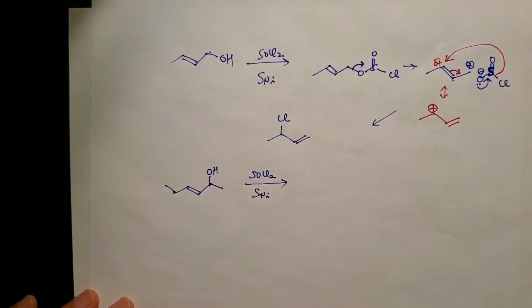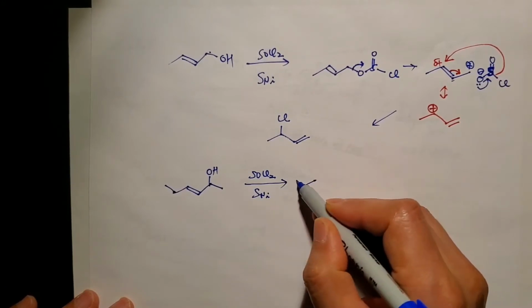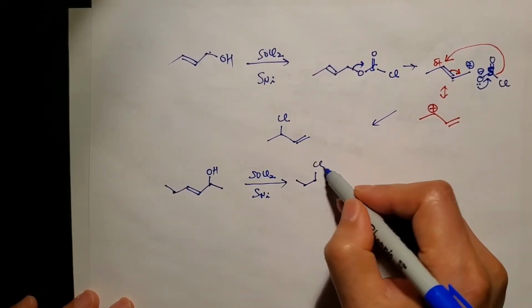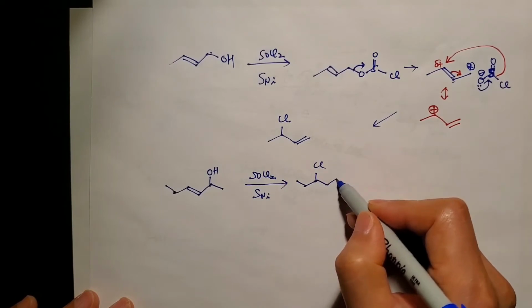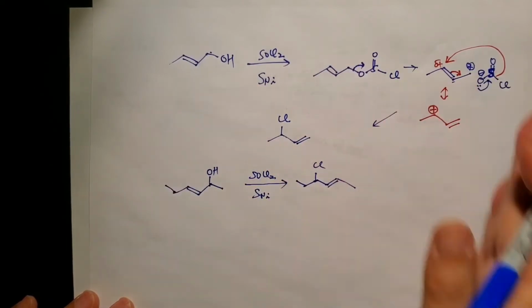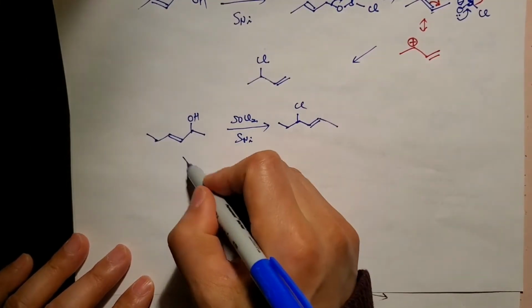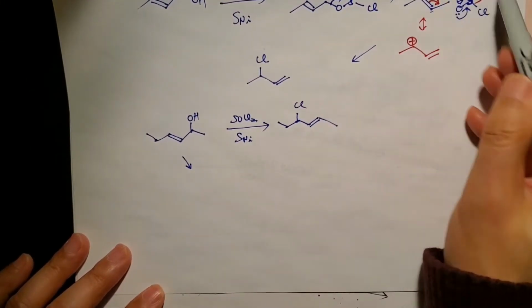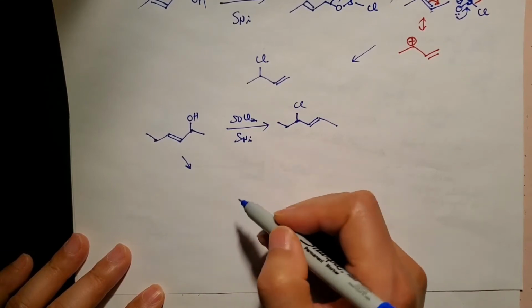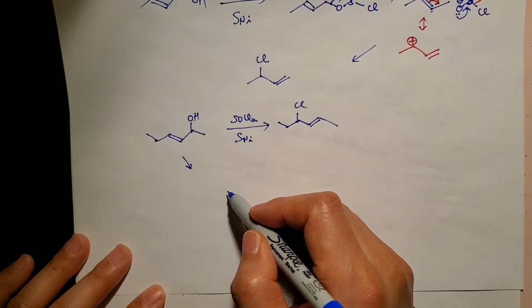Let's put some more carbon to make the molecule asymmetric. So if they give you the product, something like that, and then ask you to show the mechanism, then you need to apply this mechanism. But to show this better, I have to show you the sort of transition state.